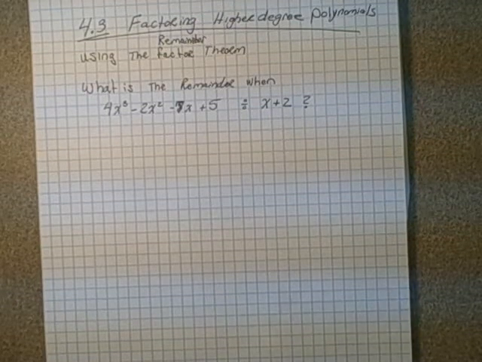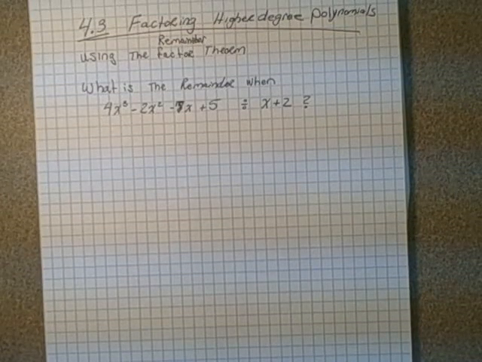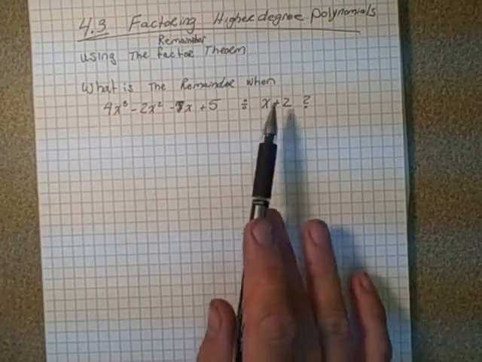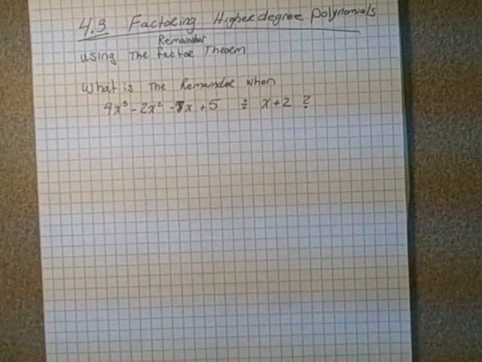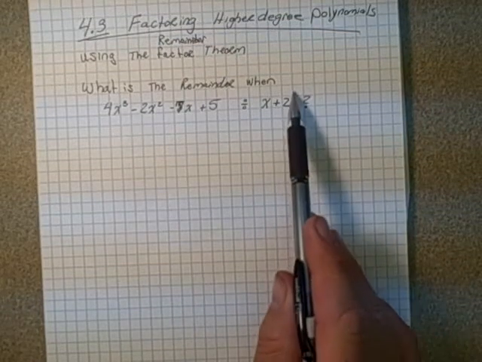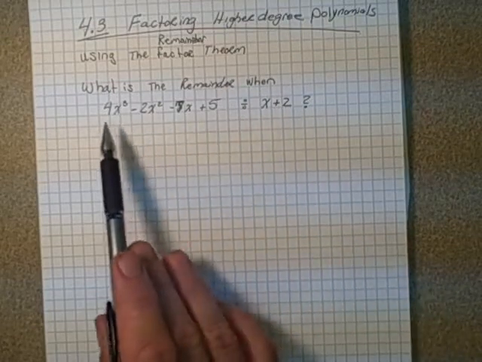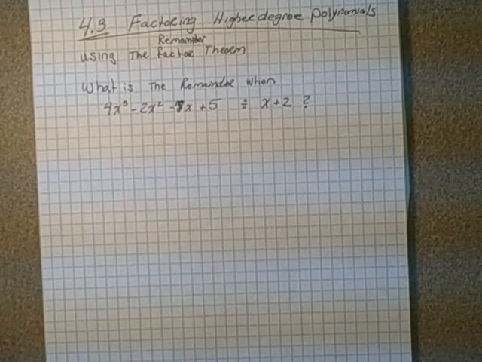And I'm just going to start by using the remainder theorem here. What the remainder theorem says is that if you have a certain polynomial and you divide it by a binomial in the special form of x minus something, they always use a minus here, then you can obtain the remainder by subbing in the value of that number where x would be in the polynomial, and that would give you the remainder of the question.